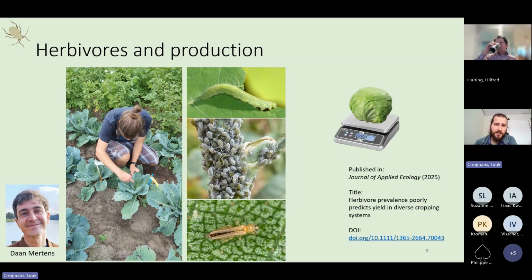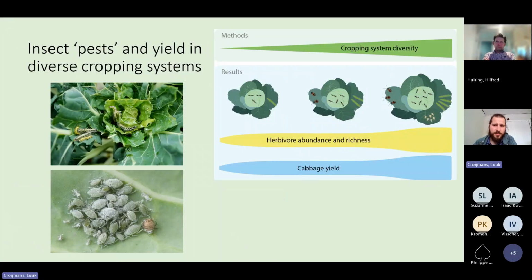We would also look at damage of the cabbages. We had a bit of a similar measuring system as that Hilfred was talking about. And the nice thing was that we then could link all these things together because we were constantly looking at the same cabbages. And what the nice thing then was that we could try to see what happens if there's more or less herbivores on that cabbage or pest insects, however you want to call them.